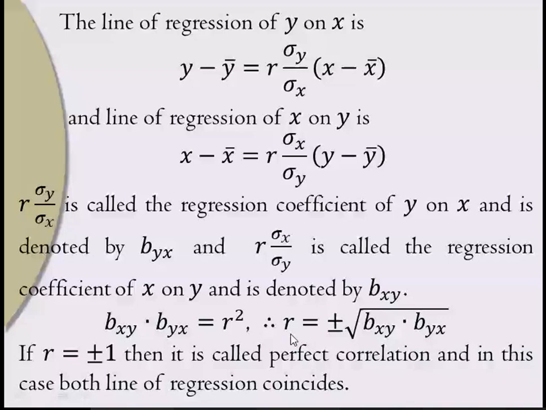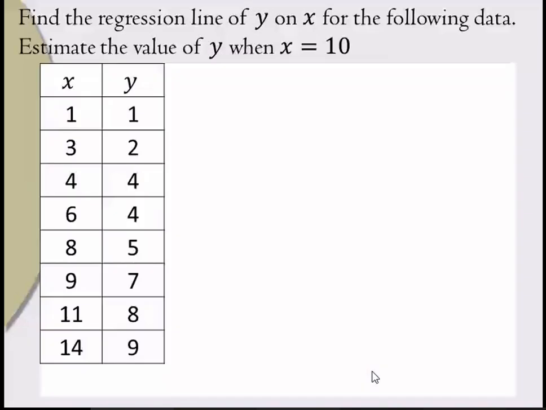We'll take a problem, then you will understand how to make use of all the formulas to get the regression lines. So consider the first problem. Find the regression line of y on x for the following data and estimate the value of y when x is equal to 10.